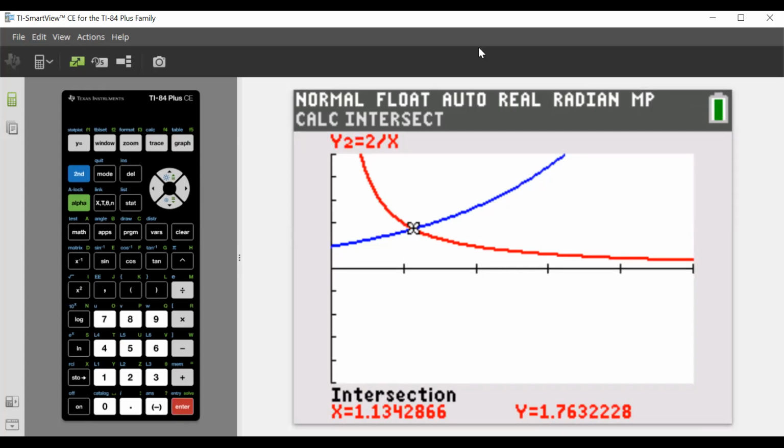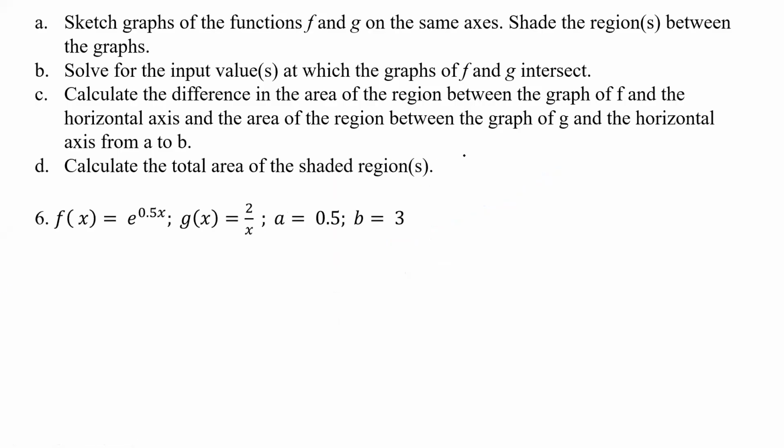So let's draw what we have so far. All right, so let's maybe put it up here. We don't probably need that long down the bottom actually, but that's okay. It was coming down, and this one was going up. This is our intersection point, which we said was 1.134, comma 1.763.